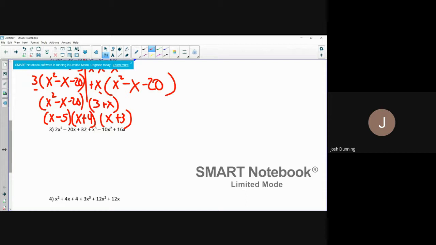And now 3, same idea. Split it down the middle. There's a GCF of 2 on the left, so just divide everything by 2.